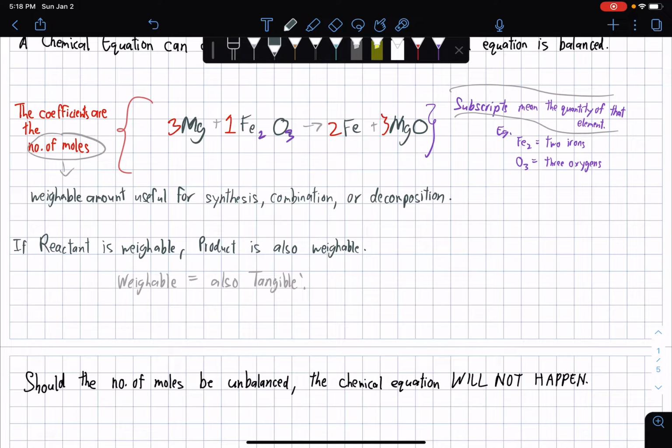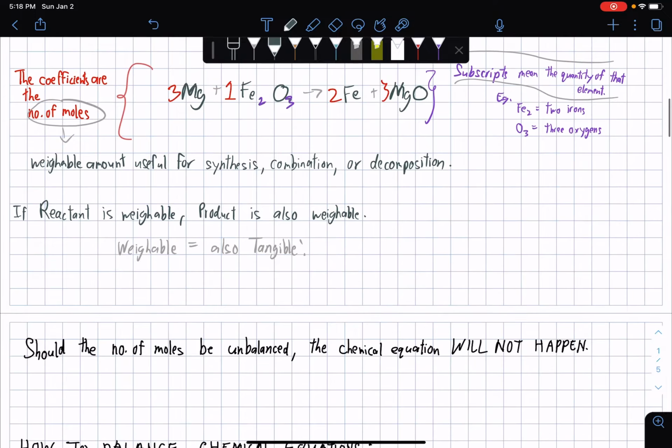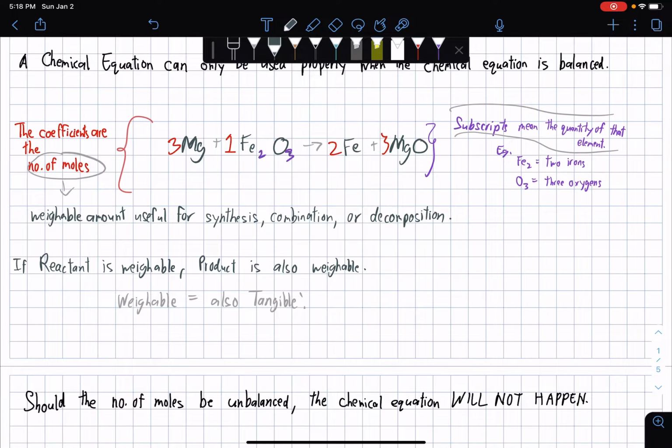Just as the number of moles in the reactant should be equal to that in the product, the reactant and product should altogether be weighable. And speaking of weighable, they are also tangible. They can be touched by physical means.